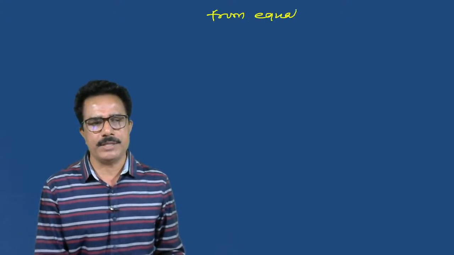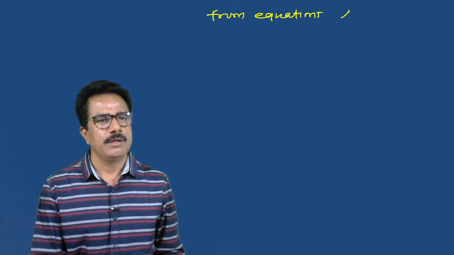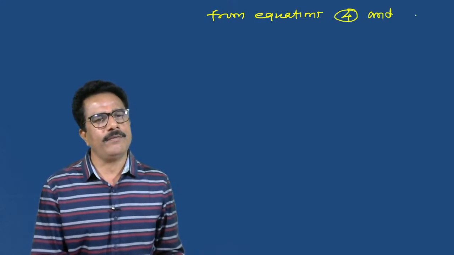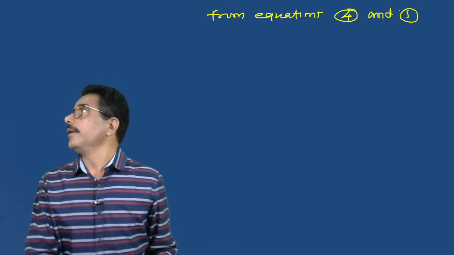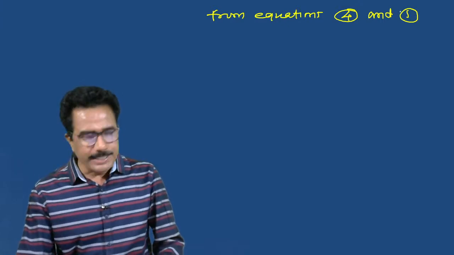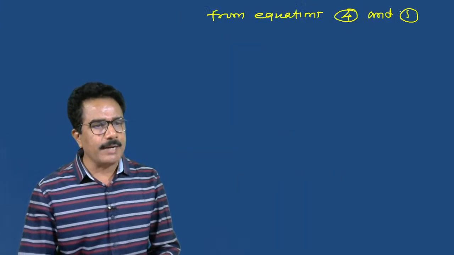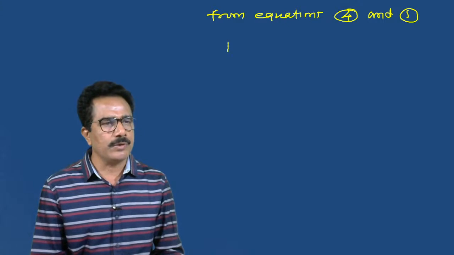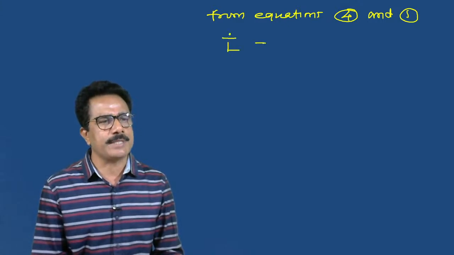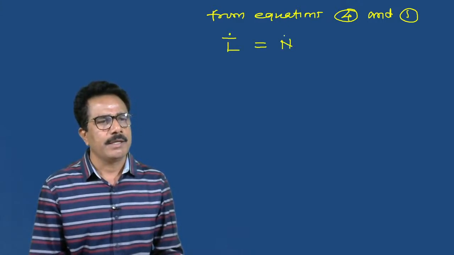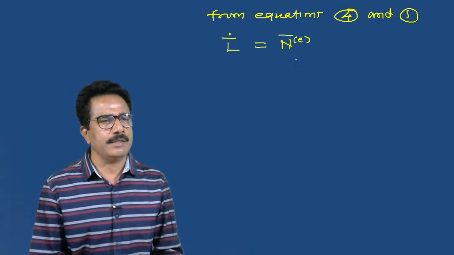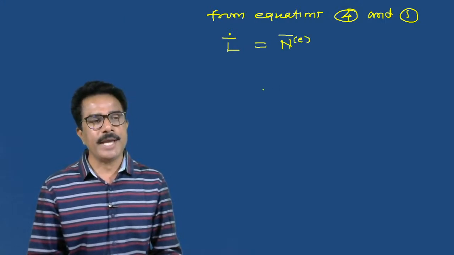So from equations 4 and 5, we can write L bar dot is equal to N bar external, since the right side is the same, the left side is the same.